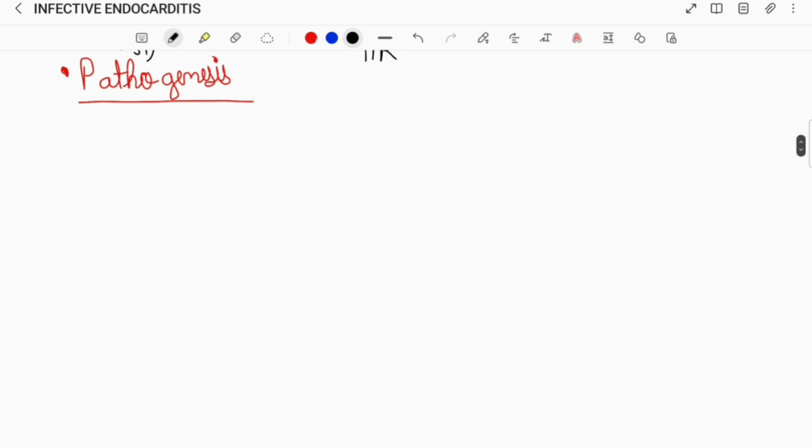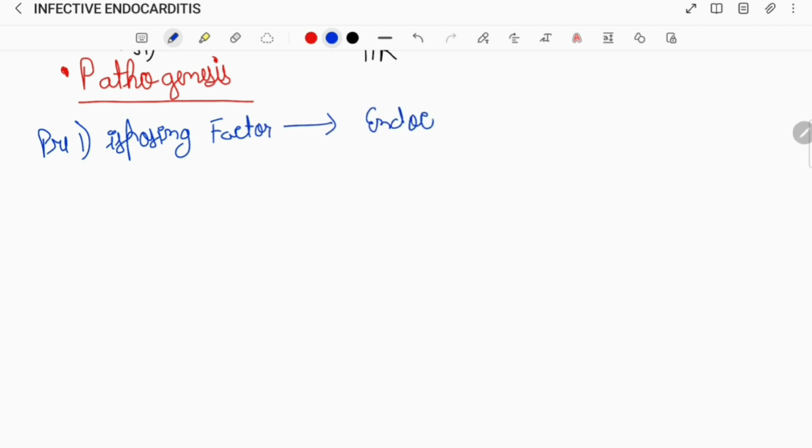Now, if I talk about the pathogenesis, whenever there are these predisposing factors, they cause an endocardial injury. And whenever there is an endocardial injury, it undergoes healing by fibrin clots.